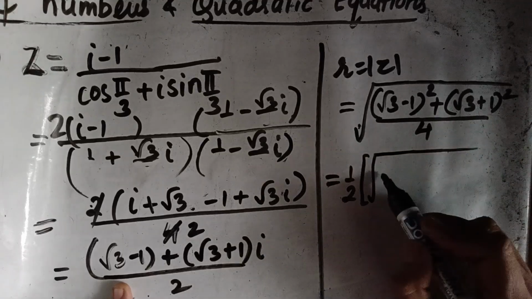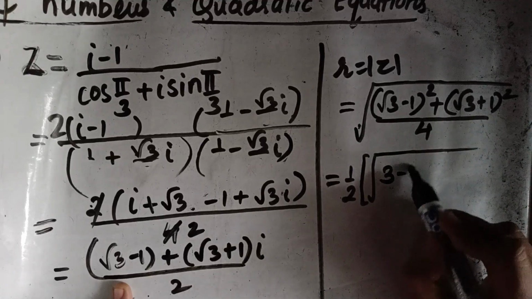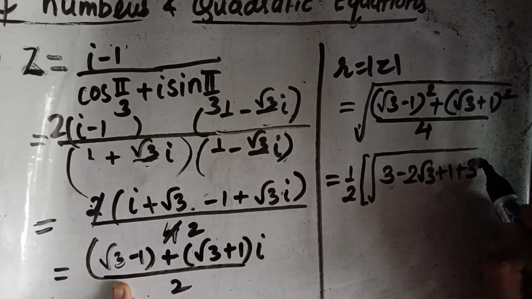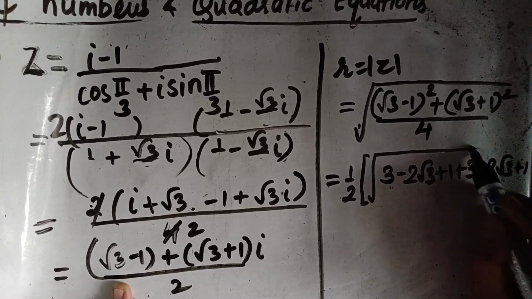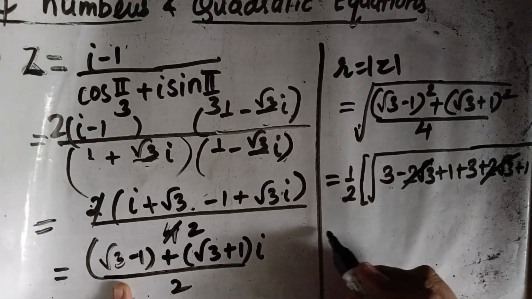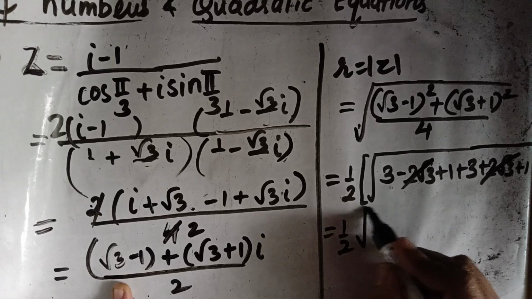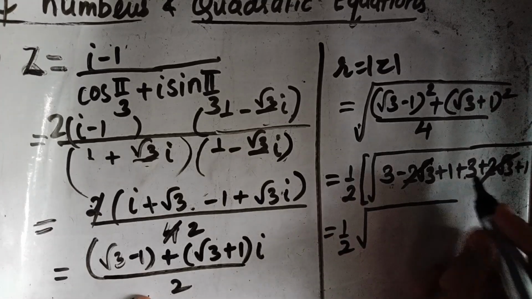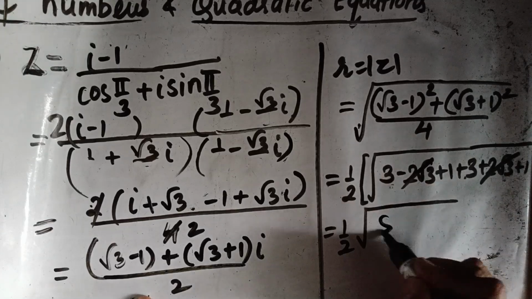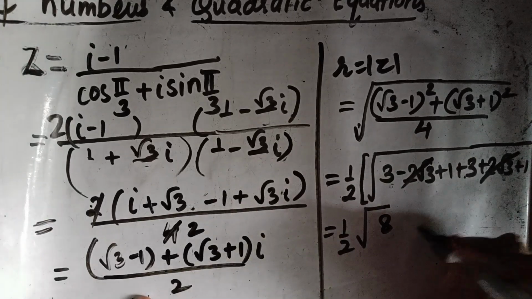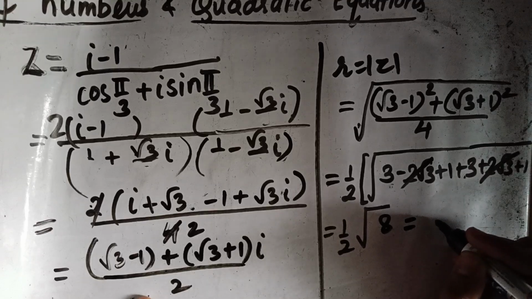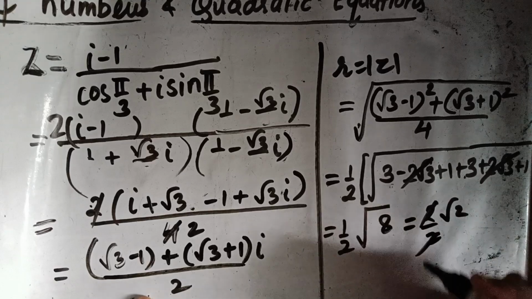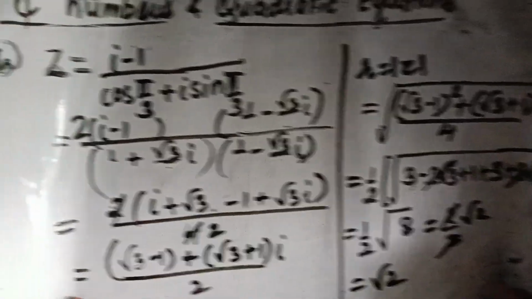Inside it is 3 minus 2 root 3 plus 1 plus 3 plus 2 root 3 plus 1. This and this get cancelled. You will get 3 plus 3, 6, 8. It can be written as 4 into 2, so r is root 2.